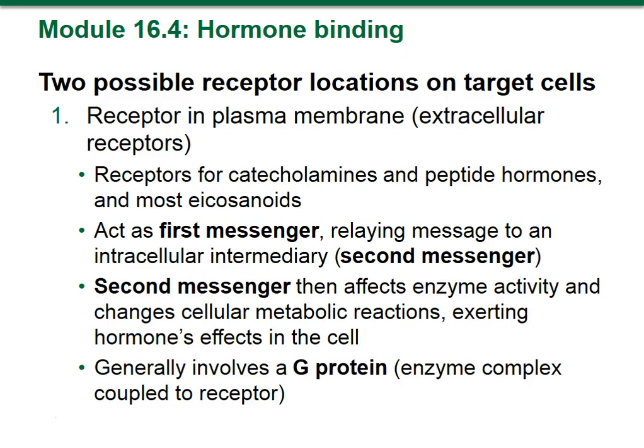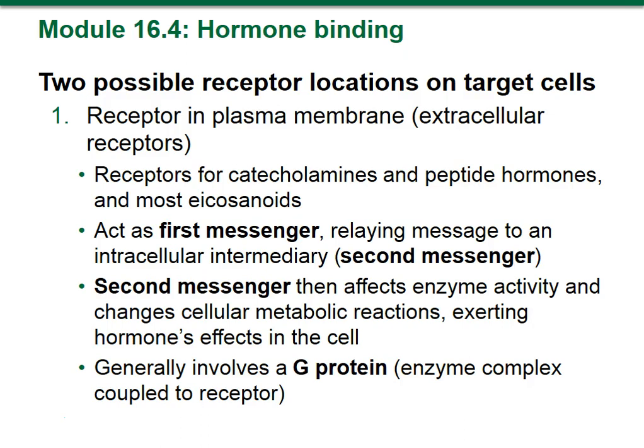And the way it works is the receptors will bind to the hormones, which then cause other messengers to be released. So the hormones are first messengers. They relay a message intracellularly inside to a second messenger. Another chemical inside then affects enzyme activity, and that changes the metabolic reactions inside the cell.